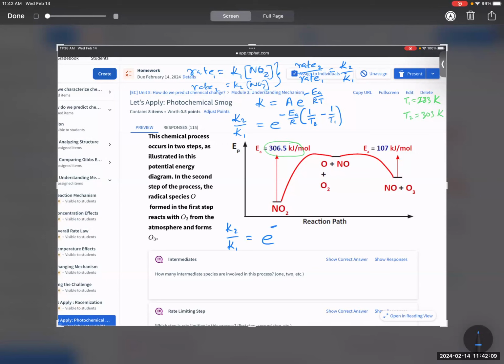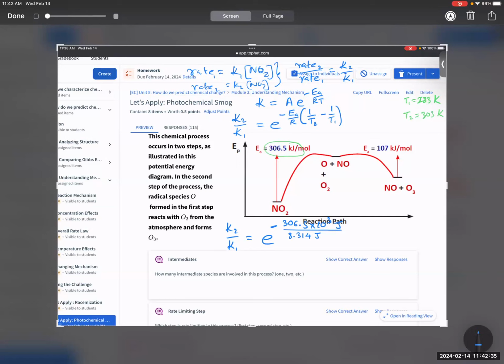the activation energy, which is 306.5. I'm going to multiply that by 10 to the power of 3 to convert to joules, and divide this by the gas constant, which is 8.314 joules per mole per Kelvin.